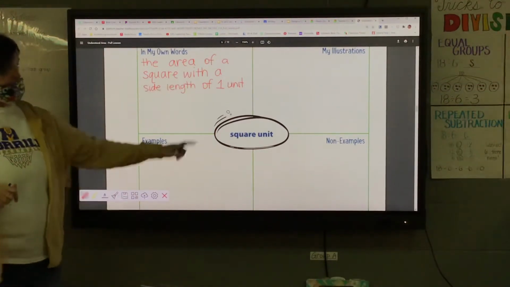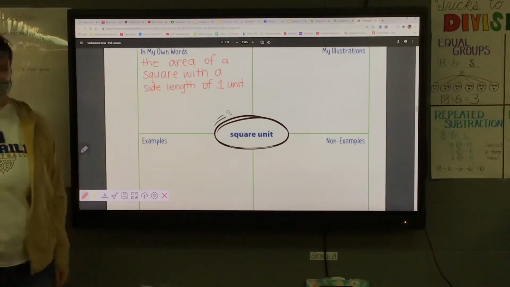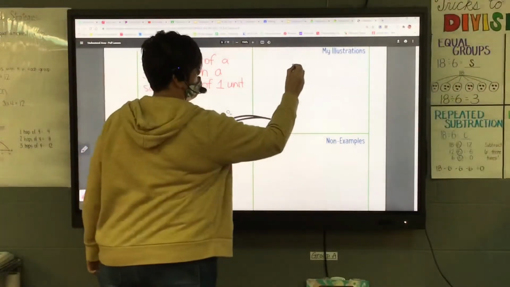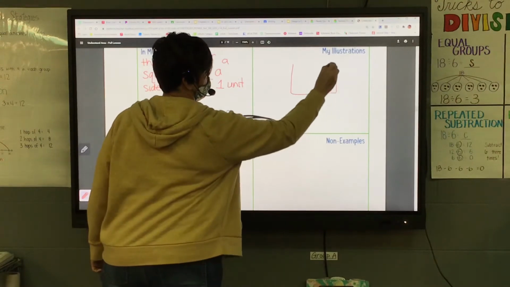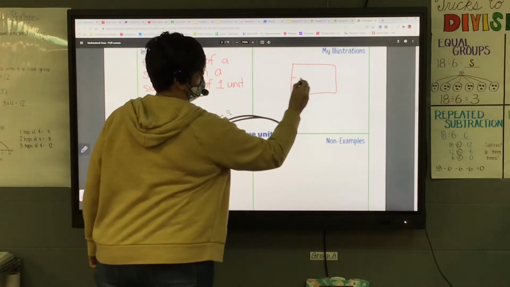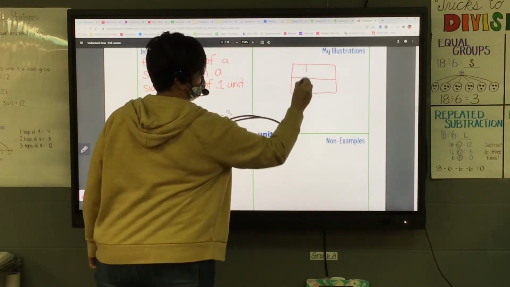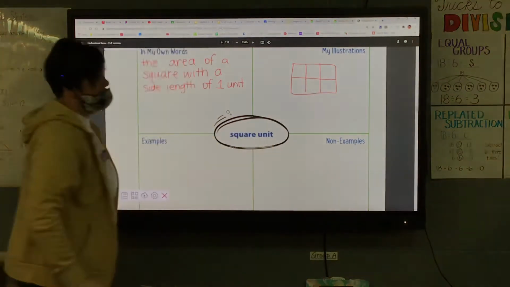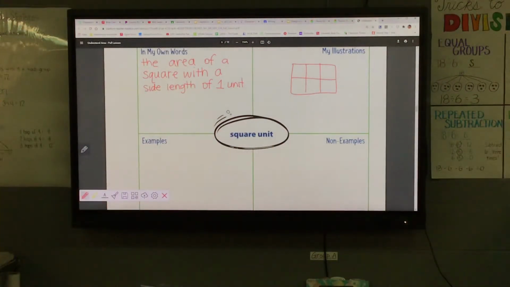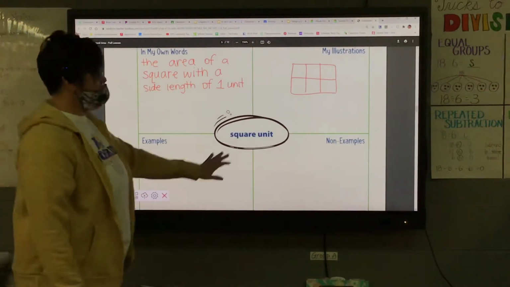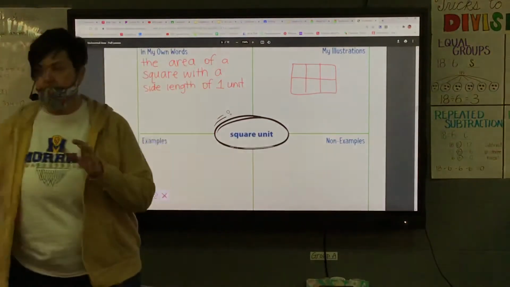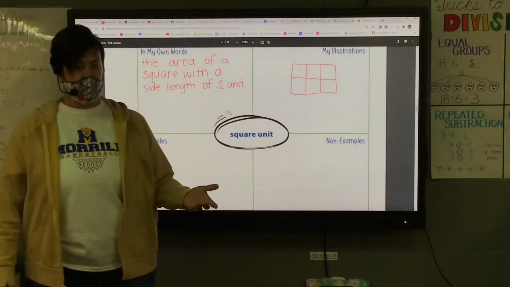Let's go over to the illustrations. Let's draw that rug that we had, but then let's give it some square units. Now this says square unit. That means how many?